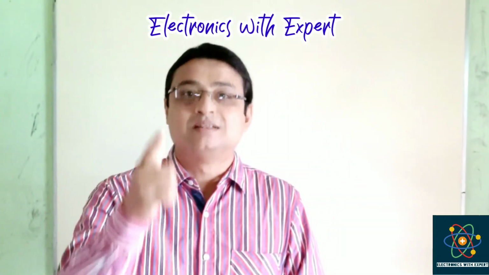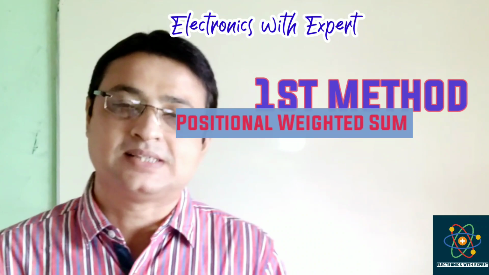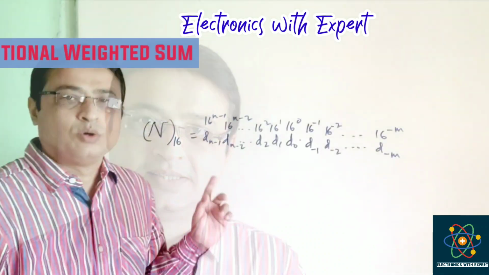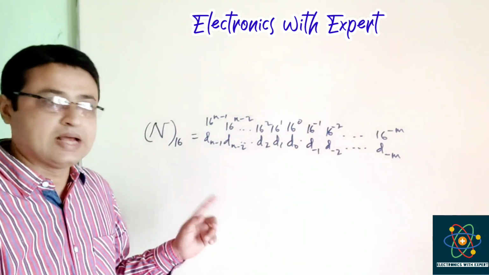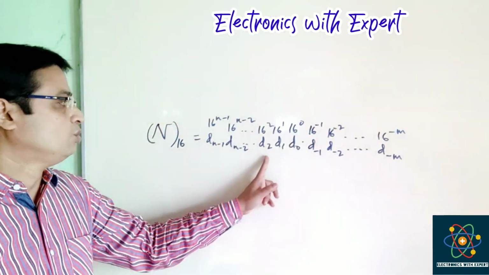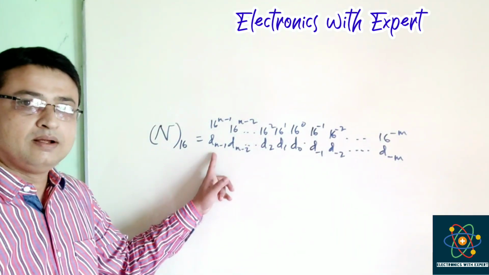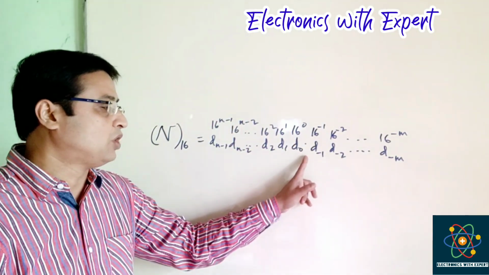So here comes the first technique. It is known as positional weighted sum of the hex digits. So any hex number can be written as D0, D1, D2, then Dn-2, Dn-1, and this is the radix point.